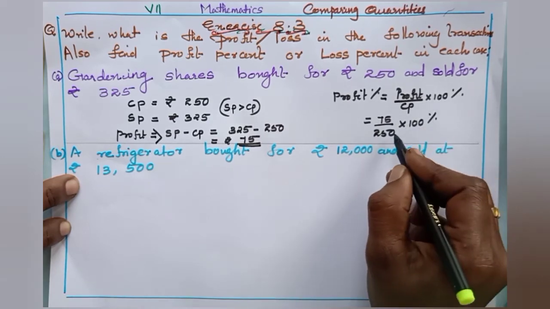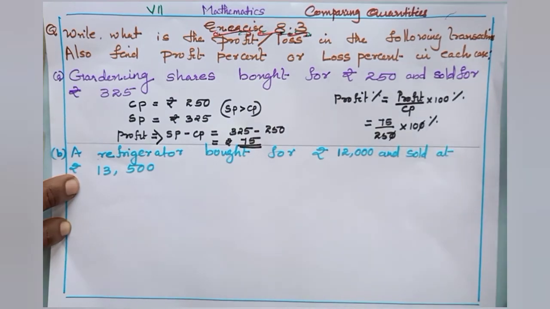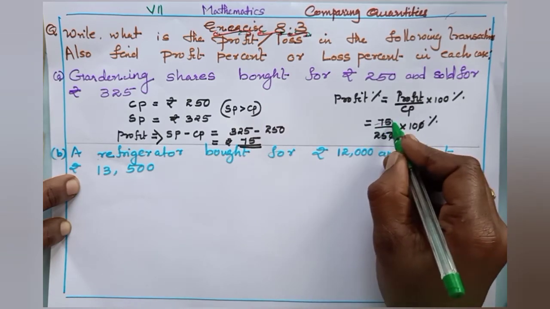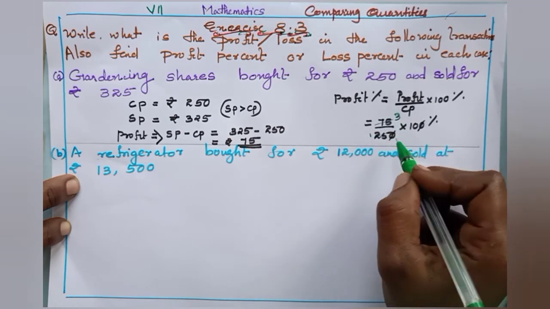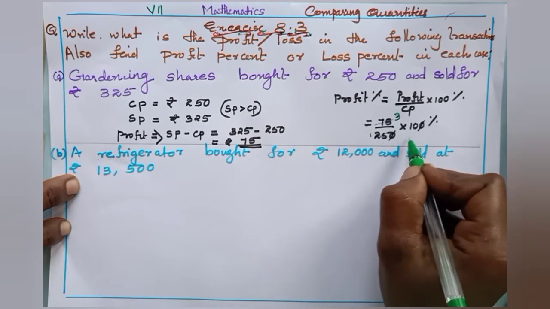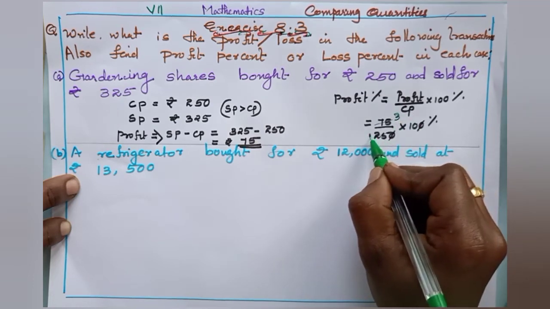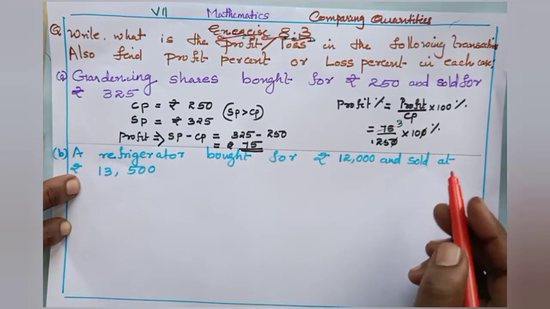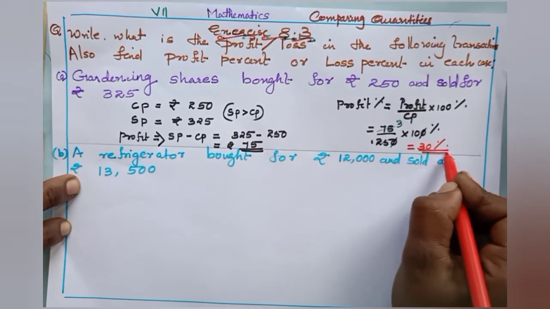We can cancel the zero, then cancel by 25 and 75. 3 times 25 is 75. 25 one time, so the denominator is 1 and the numerator is 3 into 10. So the profit percentage is 30%.